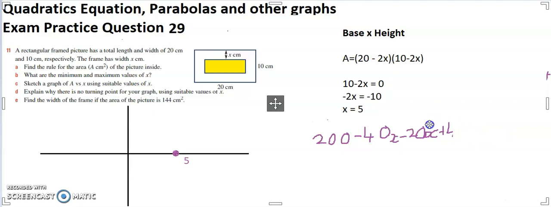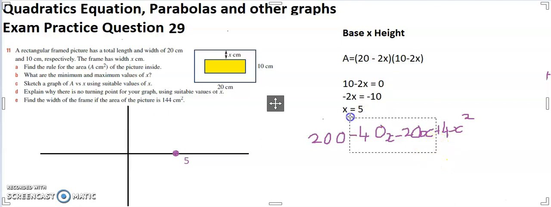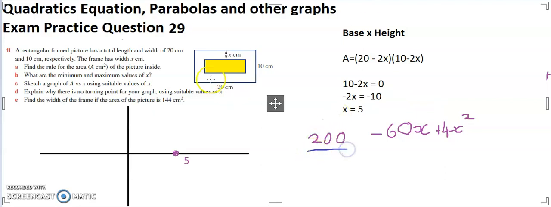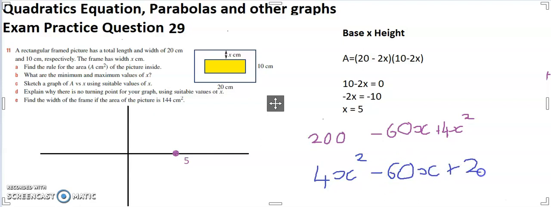Let's move that over so we've got some space. Now, based on that, once I simplify negative 40x minus 20x to negative 60x, I can see straight away my C is 200. If you can't see it, I'm just going to put it into normal quadratic form, which is ax squared plus bx, which is negative 60x, plus my 200, because it's positive.